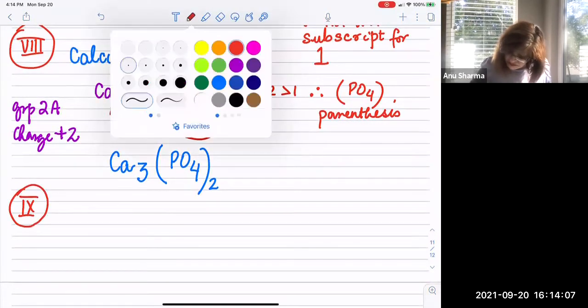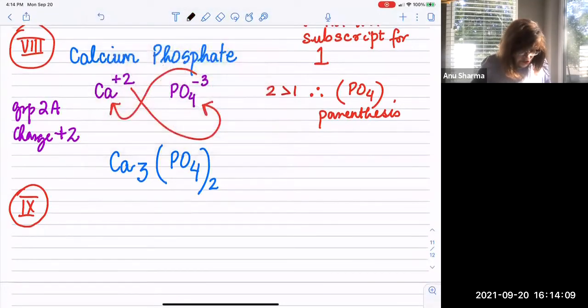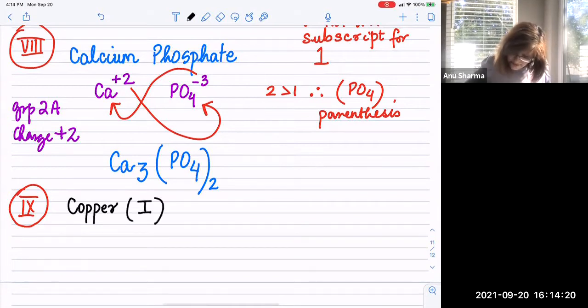Next is, let's do copper 1 or copper 2 nitrate.